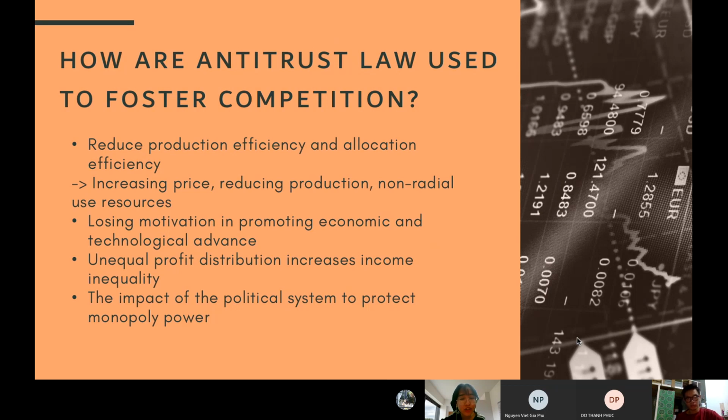The reduction in production means that if there's just one firm in the market, they cannot satisfy the demand of the whole market. And non-optimal use of resources means that in the world there are limited resources, so if there's just one firm, they cannot use the resources optimally.